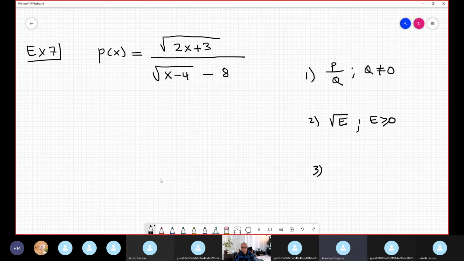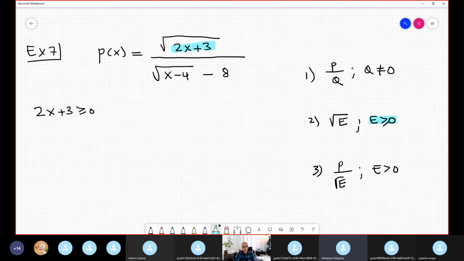Look, we have a radical in the numerator, which is restriction 2. So we copy the radical: 2x plus 3. I need to guarantee that it's non-negative. This is okay, I did that part.